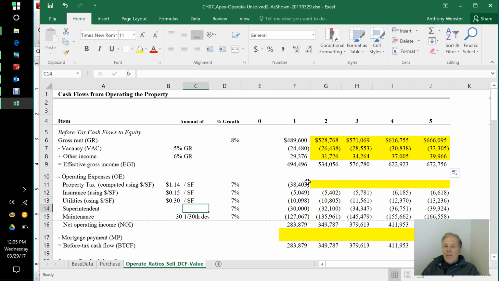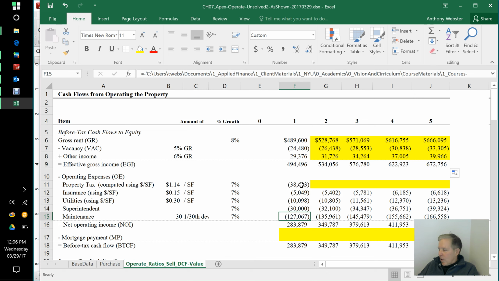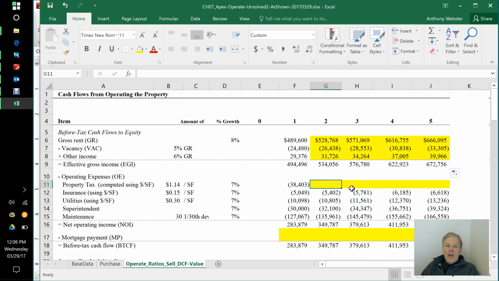So we'll go from there. So again, this first column is already done for the cap rate based purchase, except this number is a little different because we assumed 1/40th of purchase price, and now here we're using 1/30th. Okay, so we're assuming that the property tax is going to grow in each year by 7% a year.